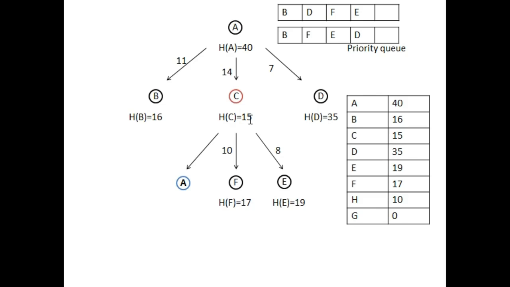Because the heuristic value of C is less than that of B and D, we will visit node C. Then the child nodes of C will be F and E, and we will put these two nodes into our queue.